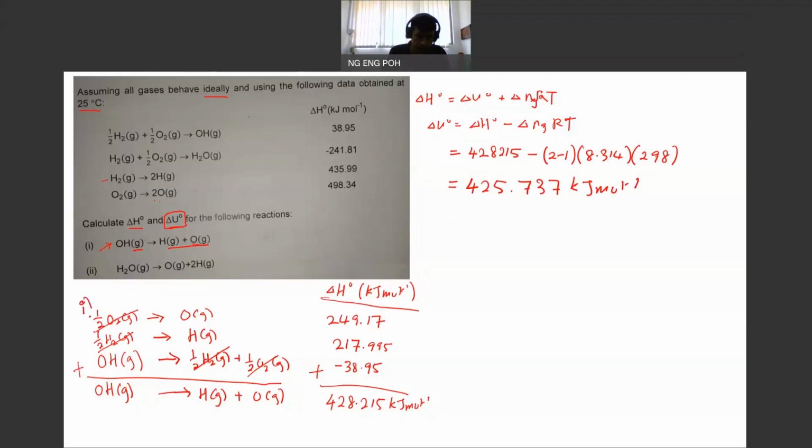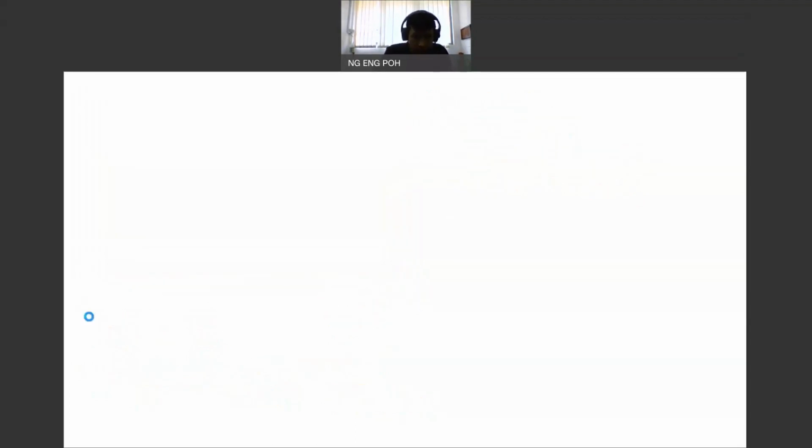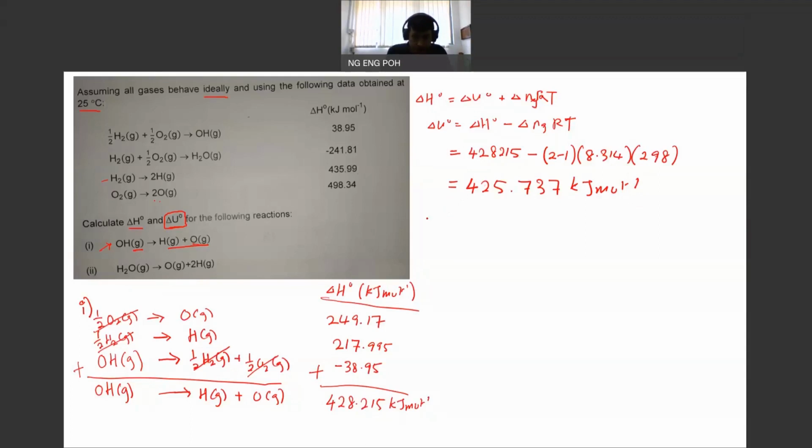So this is the first part. And for the second part, you write down the equation: H2O gas gives O gas plus 2H gas. Which one gives you H2O gas? Yes, this equation.